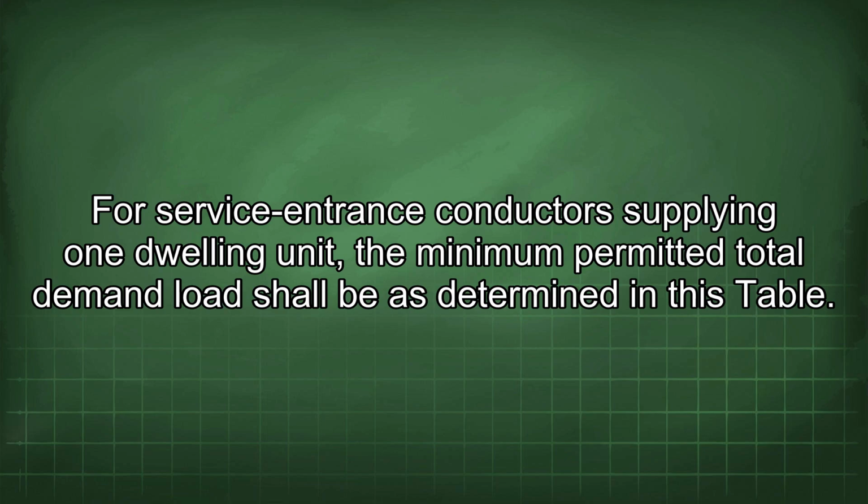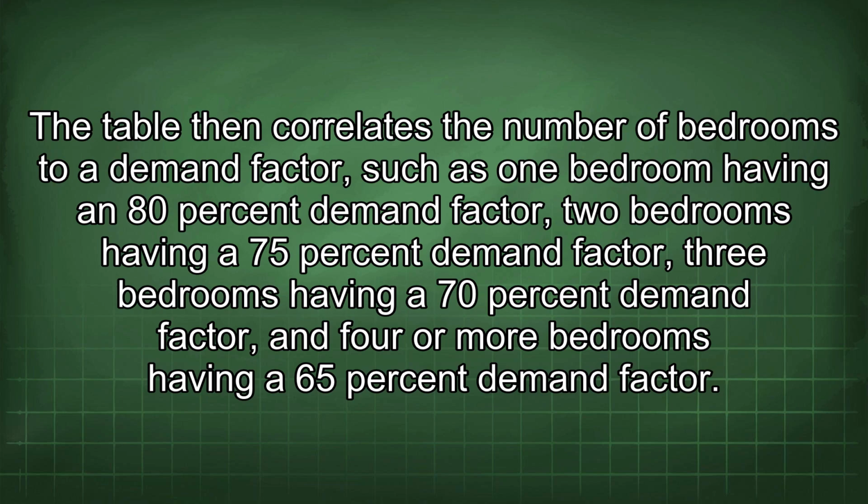For service entrance conductors supplying one dwelling unit, the minimum permitted total demand load shall be as determined in this table. The table then correlates the number of bedrooms to a demand factor, such as one bedroom having an 80% demand factor, 2 bedrooms having a 75% demand factor, 3 bedrooms having a 70% demand factor, and 4 or more bedrooms having a 65% demand factor.